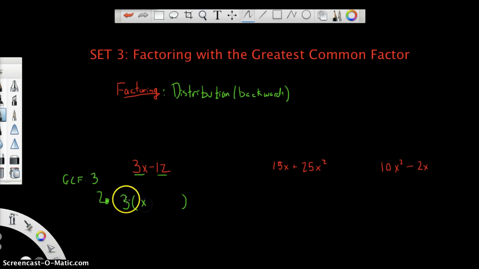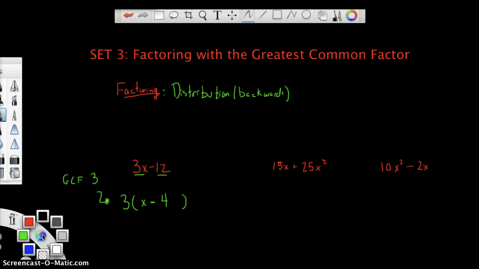That's going to be x, because 3 times x is 3x. And I know I'm going to have a minus here. 3 times what would give me 12? Well, that's 4.